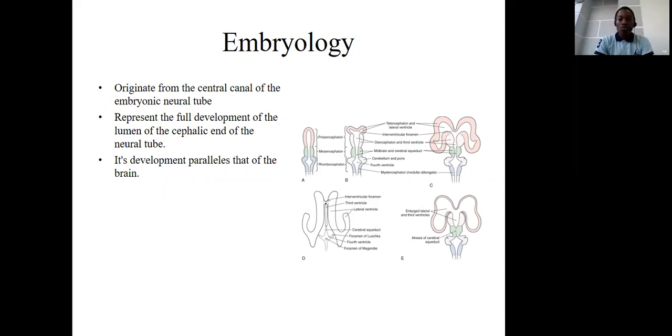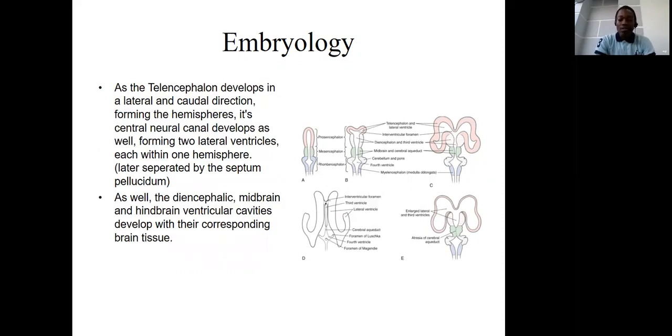So such that the telencephalon, for example, as it develops and extends laterally and in the caudal direction, forming the hemispheres, the cavities present in the telencephalon are going to develop to form the 2 lateral ventricles within each hemisphere. And later on, these ventricles will be separated by the septum pellucidum.